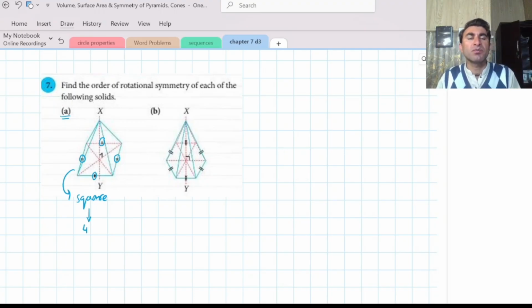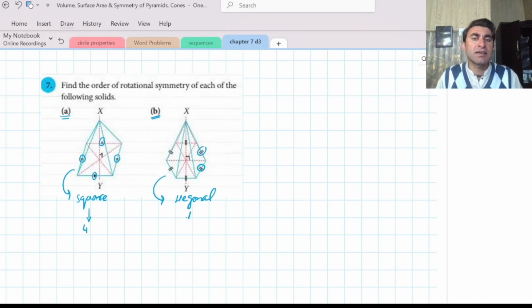The order of rotational symmetry basically depends on the base in case of a pyramid and in case of a cone as well. In part B, it is again a pyramid with a six-sided base now, and as we see all six sides are equal, so it must be a hexagonal pyramid.